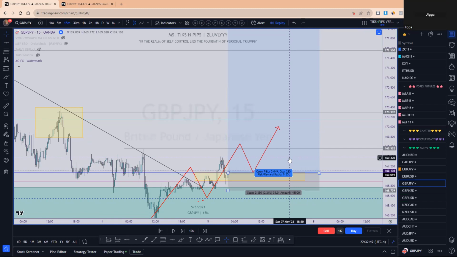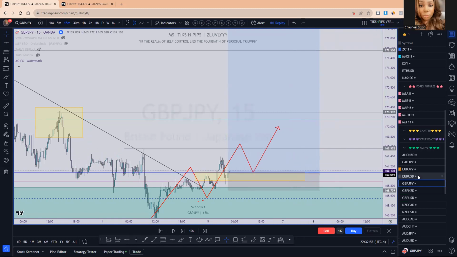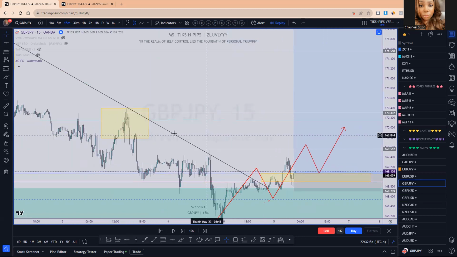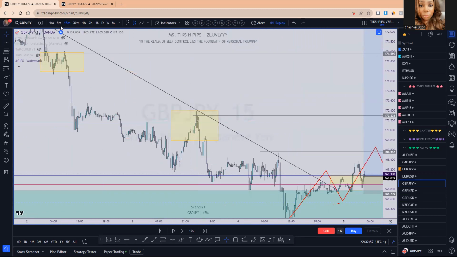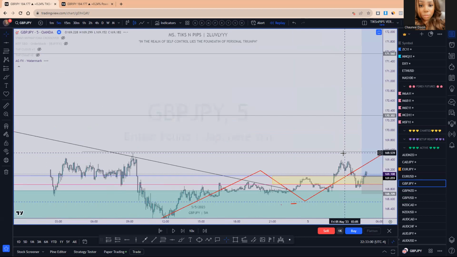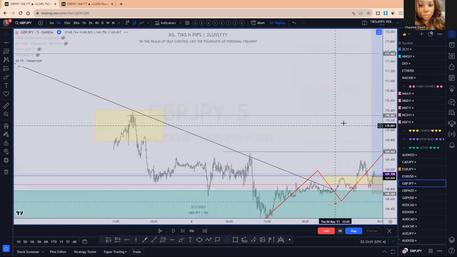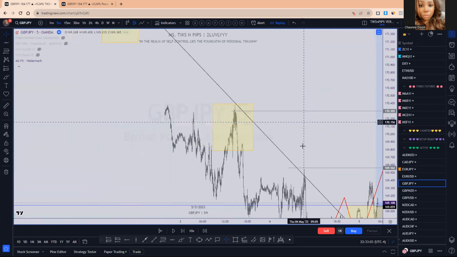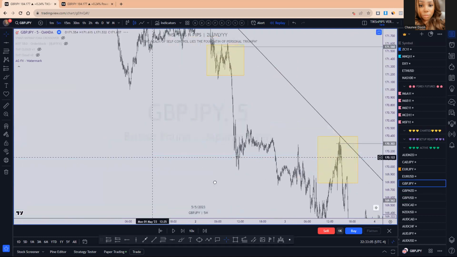I think the one we did for GJ went all the way to my take profit area. I really wish I didn't take off all that markup.